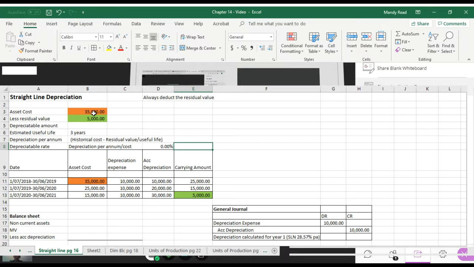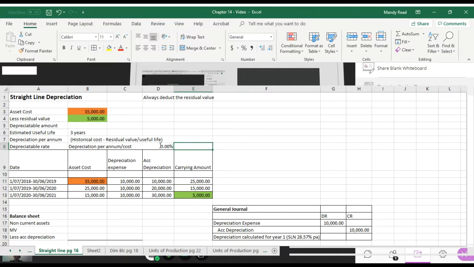So we've taken the historical cost, subtracted the residual value, and got the depreciable amount. We now say the depreciable amount divided by the number of years that we have that asset for. That means our depreciation per annum is going to be $10,000. If you want to work out the rate of depreciation, a very simple formula is used: depreciation per annum divided by cost.